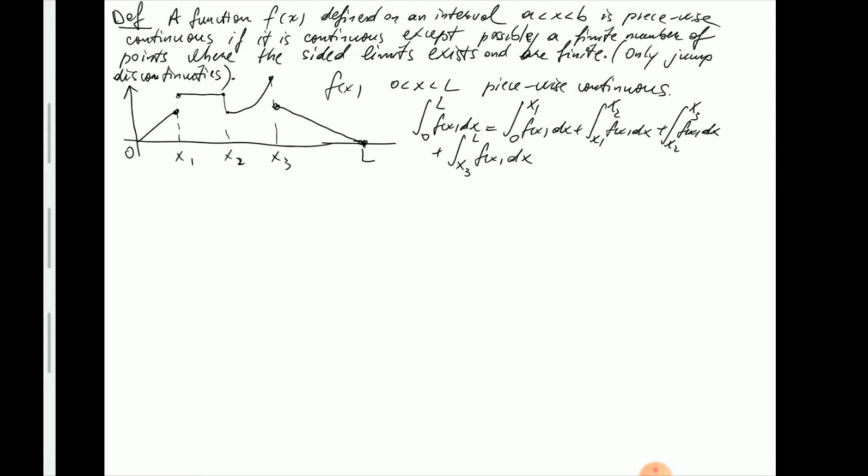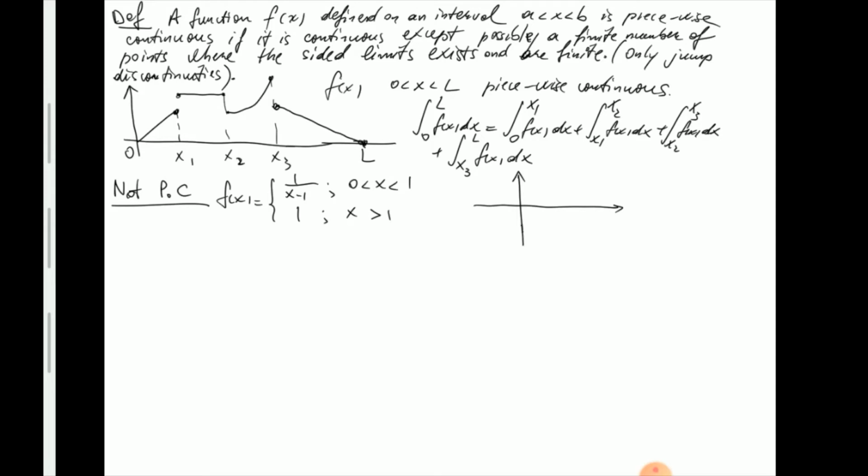So here's an example of a function which is not piecewise continuous. Suppose, for instance, that you have a function f of x which is equal to 1 over x minus 1 for x between 0 and 1, and 1 if x is greater than 1, let's say. If you graph this function, notice that one of the sided limits is minus infinity.